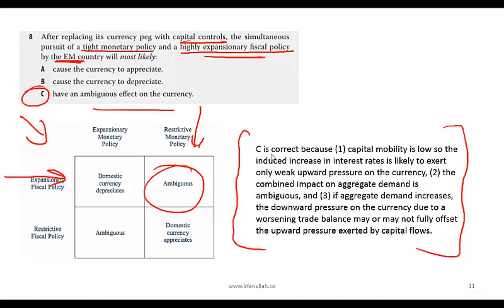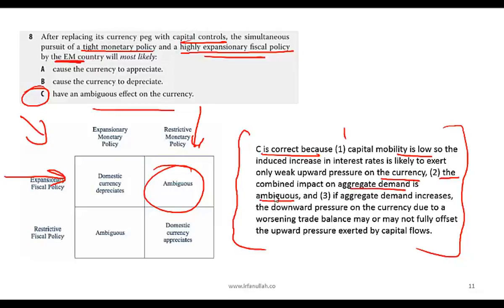Why is this correct? Number one, the capital mobility is low, so the induced increase in interest rates is likely to exert only a weak upward pressure on currency. So there is an upward pressure on currency but it is weak because capital doesn't flow in and out very easily. Second point is that the combined impact on aggregate demand is ambiguous.